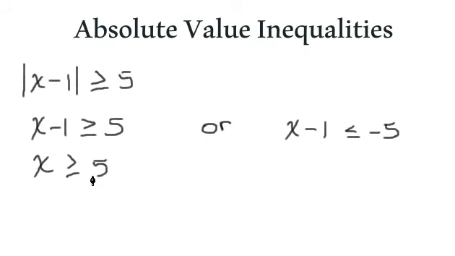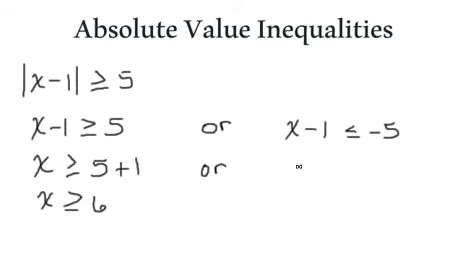So at this point, I'm skipping all these intermediate steps for the most part. You should go back to solving linear equations if you want to figure out how this negative 1 became a positive 1. Okay. Alright, so we have x is going to be greater than or equal to 6.